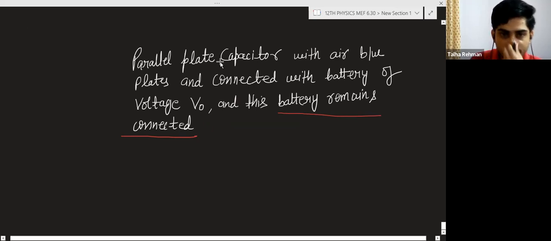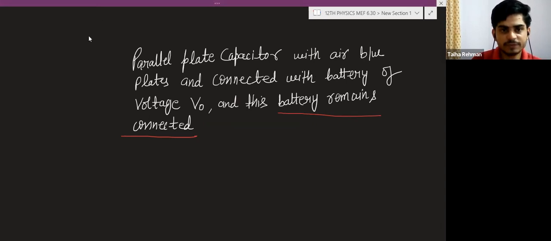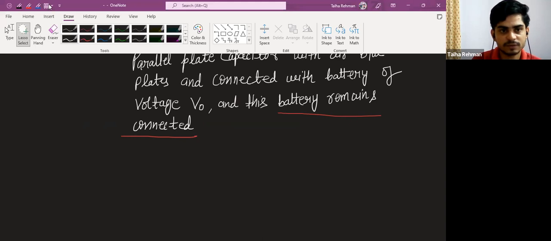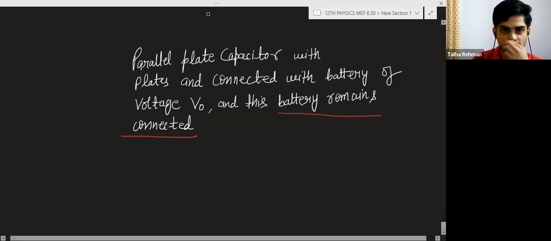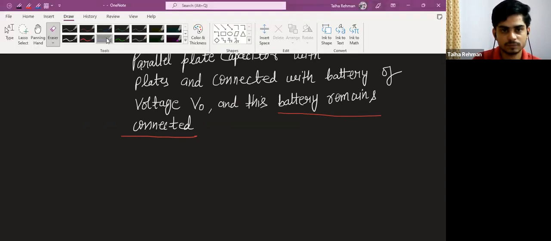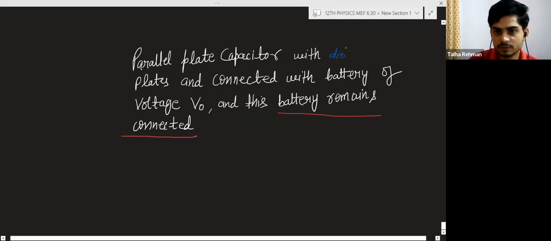So now you can see a parallel plate capacitor. Now I am filling it with dielectric between the plates and connected with a battery of voltage V naught, and this battery remains connected. All the things remain same.